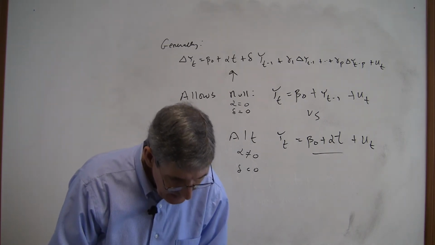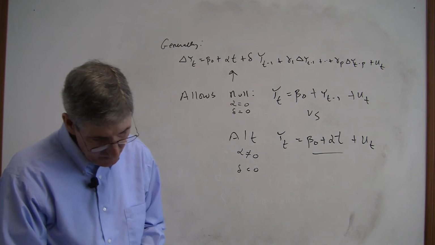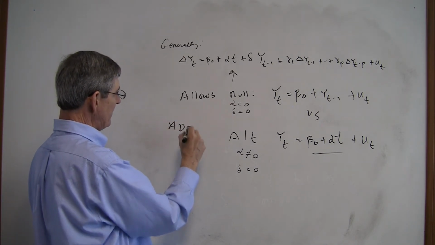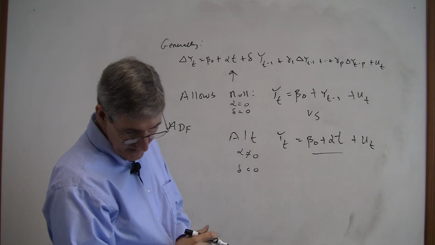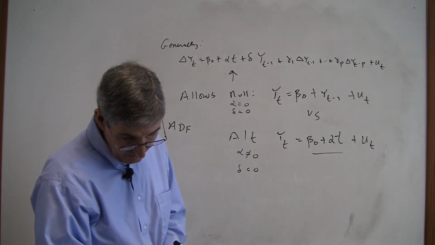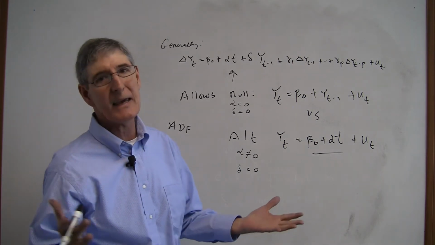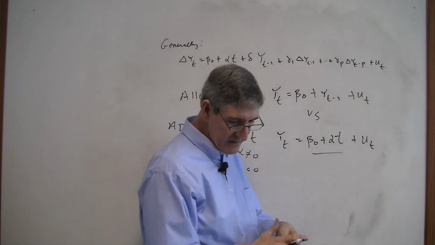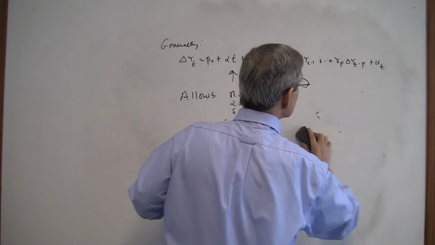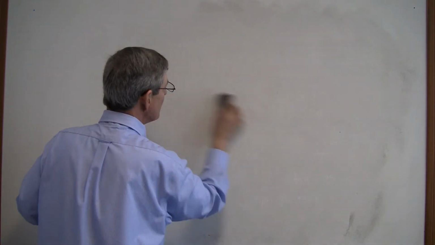The critical values for the augmented Dickey-Fuller test, the book uses ADF for that, are in table 14.4. They're all negative since the test is one-sided, like we've been talking about. So here's an example, straight from the book.